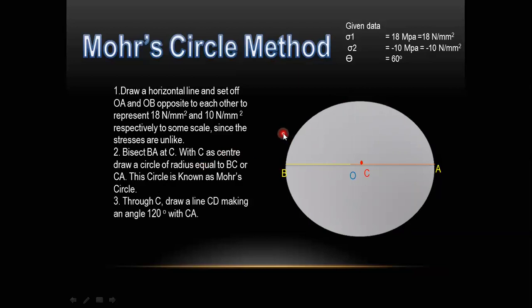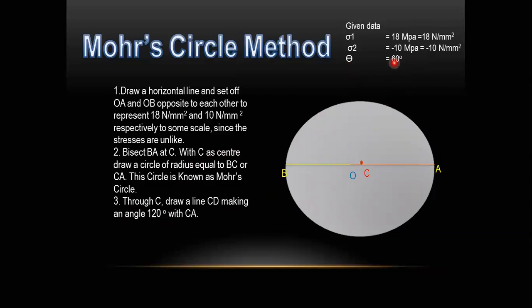Then the third step. Through C, the center point, we have to draw the line CD making an angle of 120 degrees. That means we have to draw the plane line. Theta is given as 60 degrees, but we have to draw the line for the angle 2 theta.